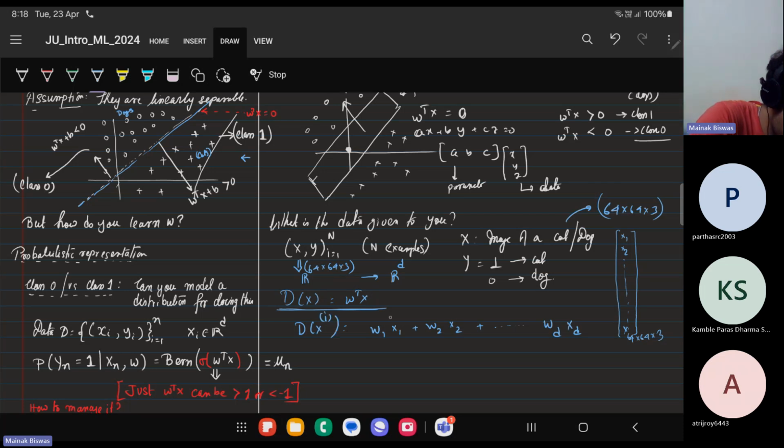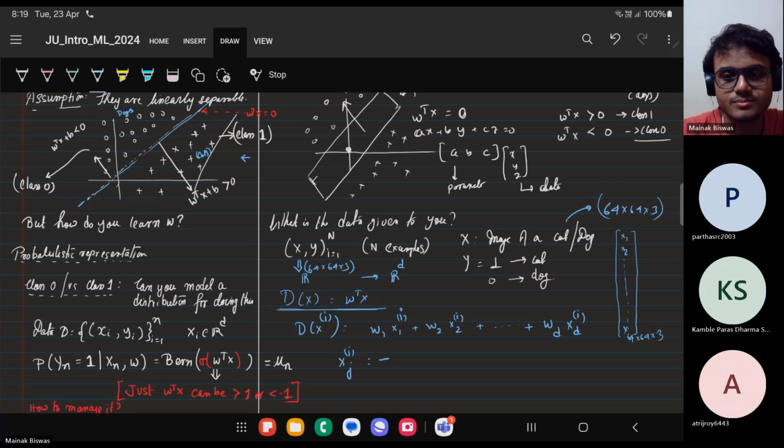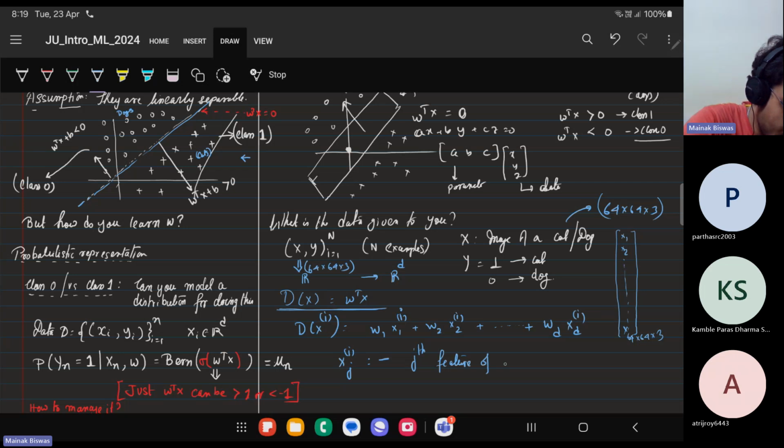I'll write i in the superscript so that there is no confusion regarding the notation. So what is this notation, x superscript i subscript j? It is the jth feature of the ith training example.